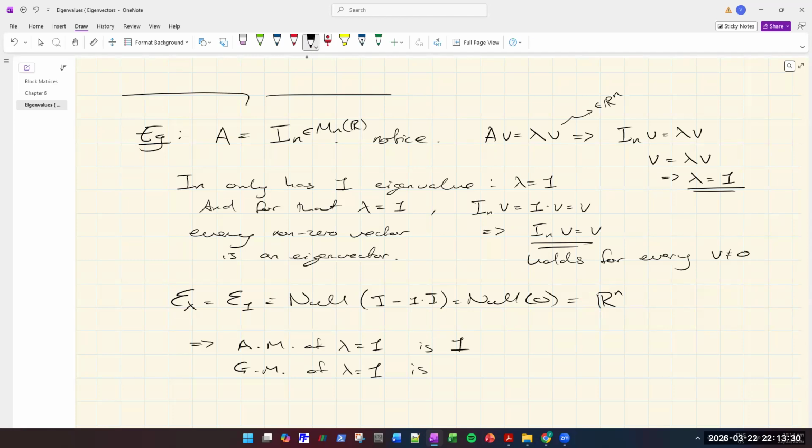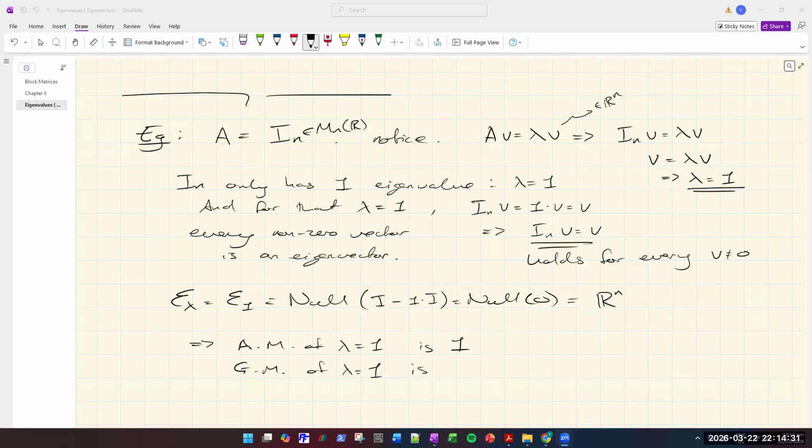Let me see. Oh yeah, sorry, I made a mistake here. The algebraic multiplicity of lambda equal to 1 is not 1, it's n. Because it's lambda equal 1, but it's repeated n times.